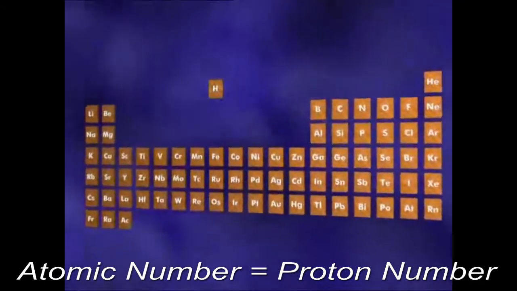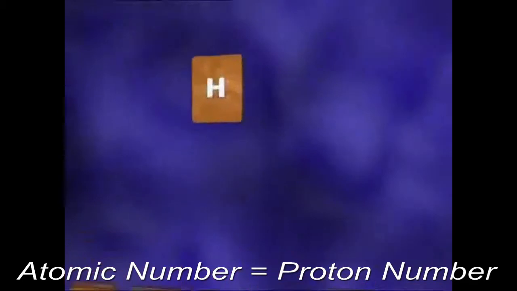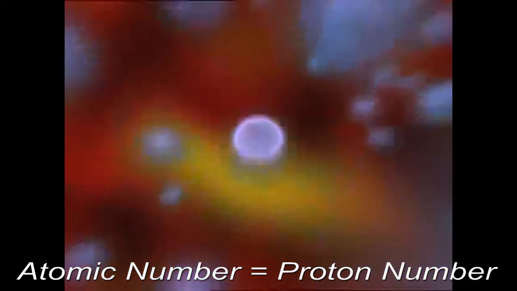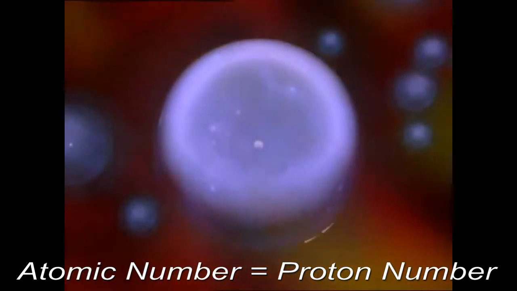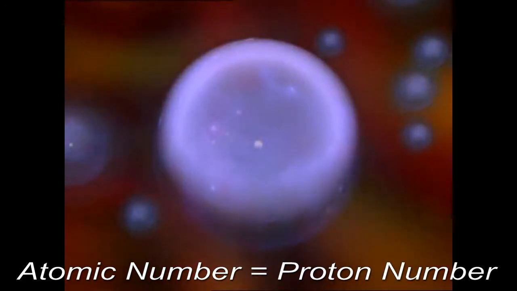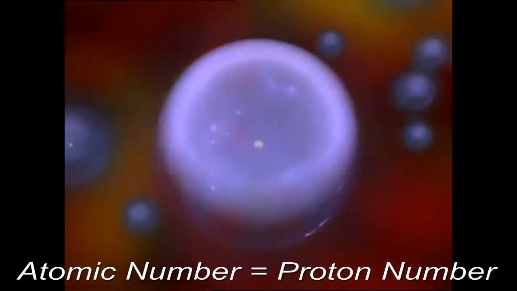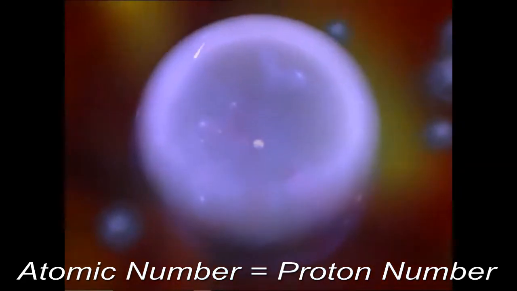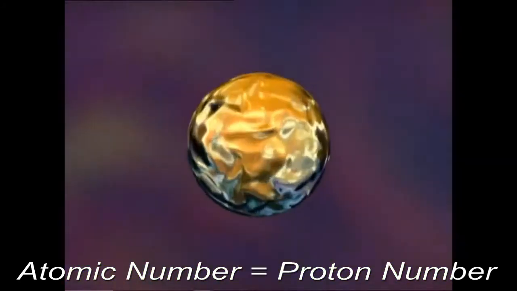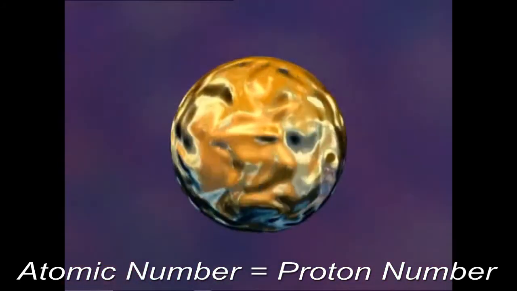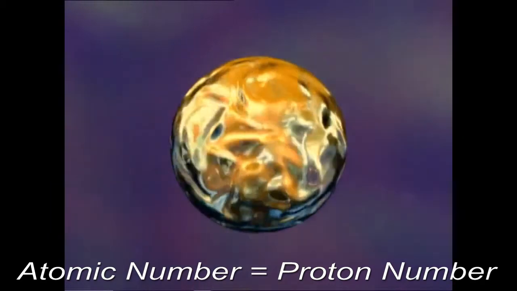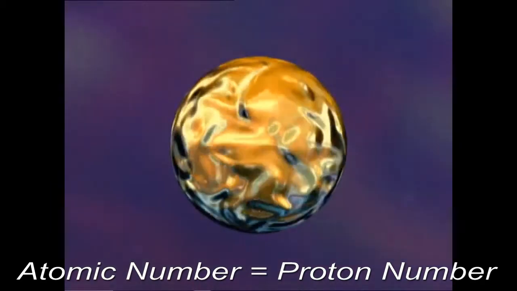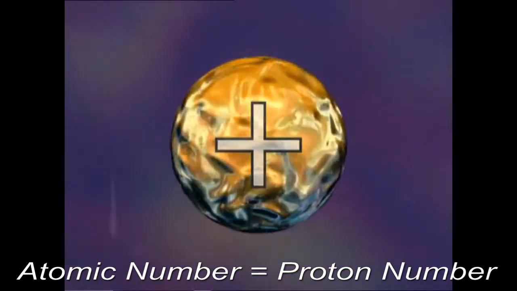Take hydrogen, the first element in the table. Orbiting around the outside of each hydrogen atom is one electron. And in the nucleus is one proton. Like all protons, it has a positive charge.